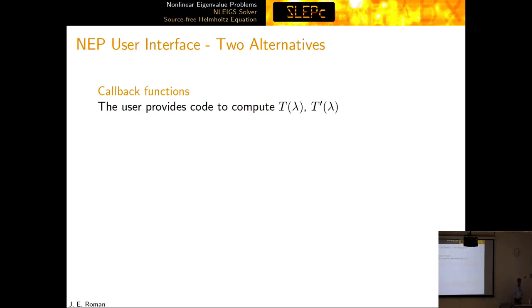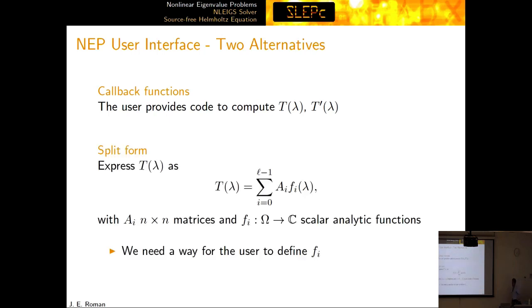The easiest possibility is when the application expresses T of lambda in this way. This is what we call the split form. T of lambda is expressed as a number of terms in which a matrix multiplies a scalar function. This is easier from the point of view of the user, because they just must build the matrices and then indicate which functions are associated with each matrix.